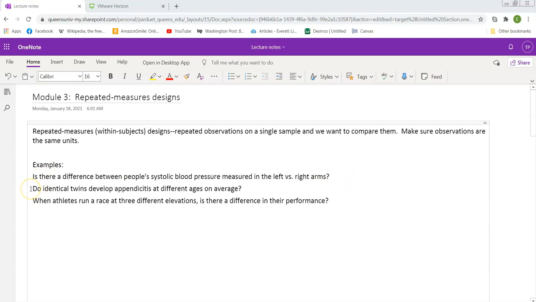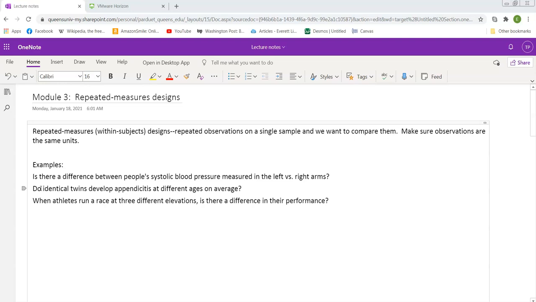The second example, do identical twins develop appendicitis at different ages on average? I actually made that up because my mother and her identical twin sister got appendicitis within 2 weeks of each other. And it just made me wonder. But in this example, each set of twins would be one individual.